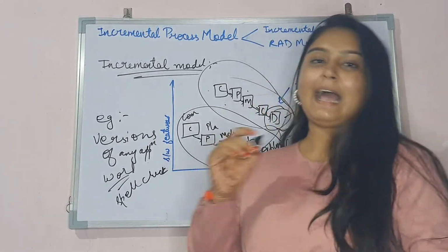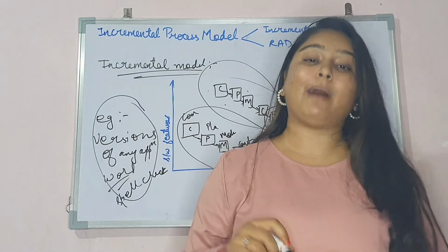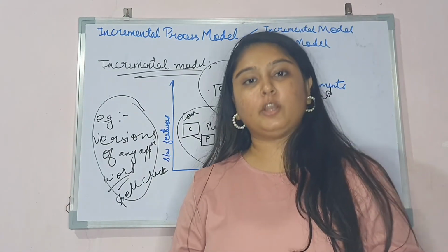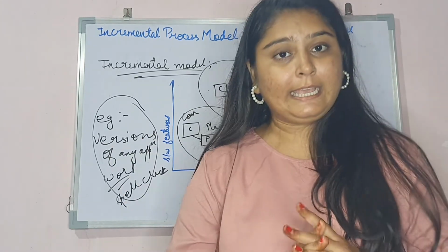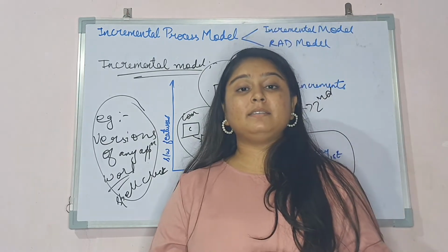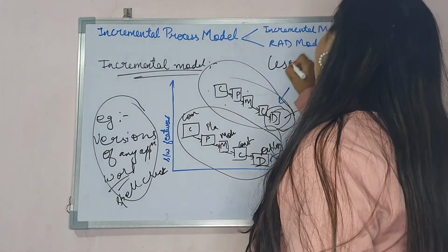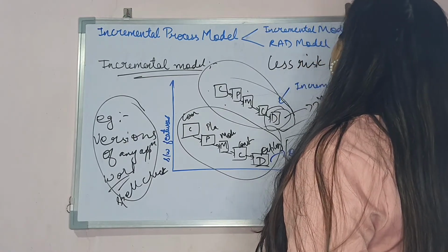I have already given the example, and let us discuss the advantages of the incremental process model. We already had the waterfall model, so why do we need the incremental model? It is needed because it has less risk of failure.